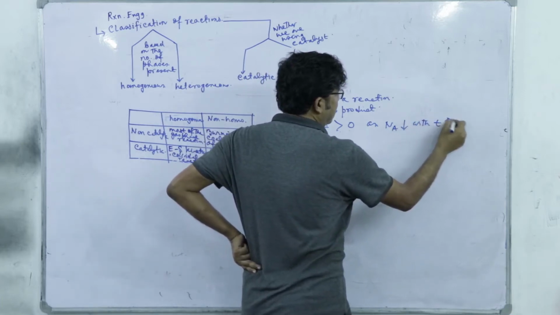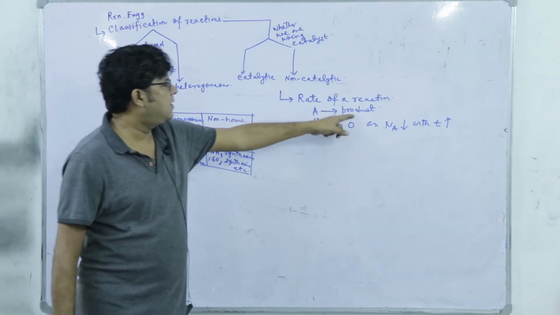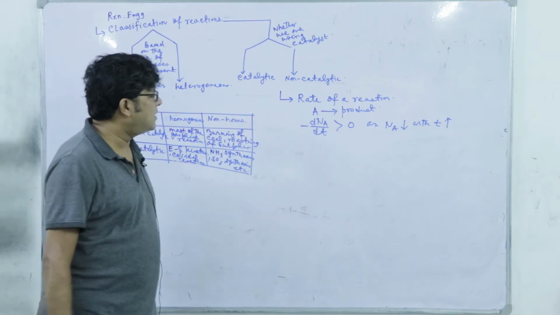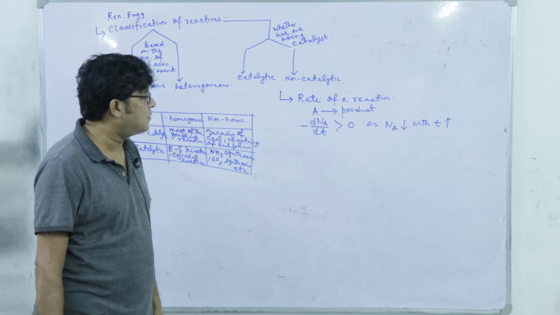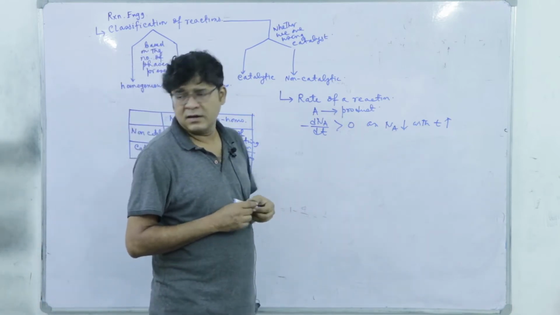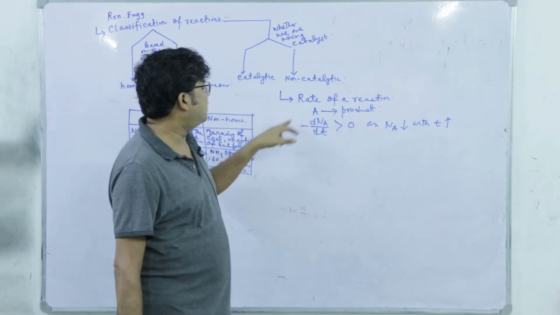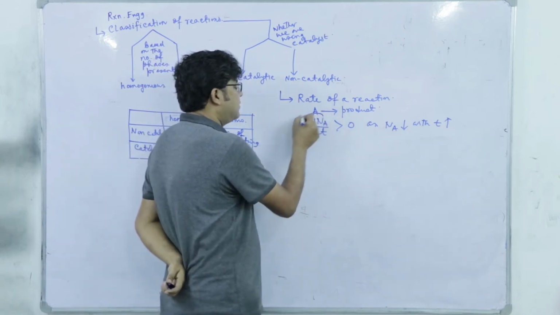We are writing it for the disappearance rate. If the product is P, we can alternatively write dNP/dt, which is the rate of formation of P. That is also an equivalent expression of the reaction rate, but generally we prefer to write it with respect to the reactant.